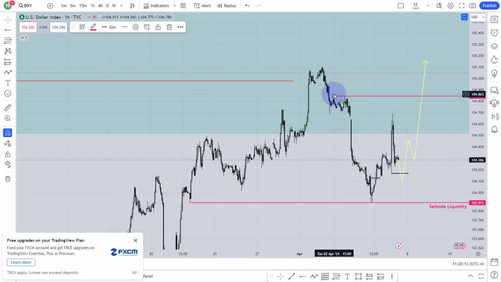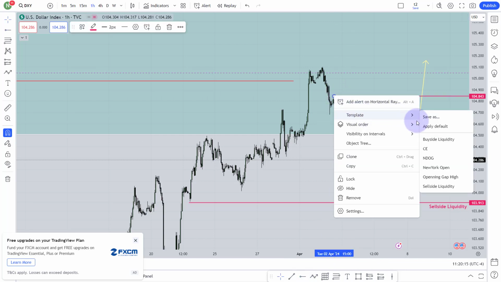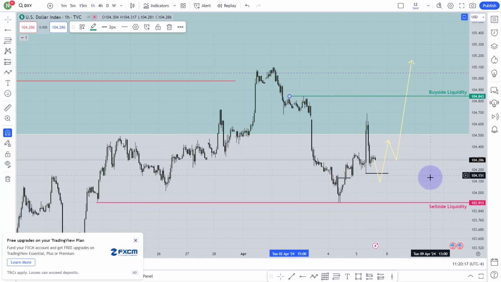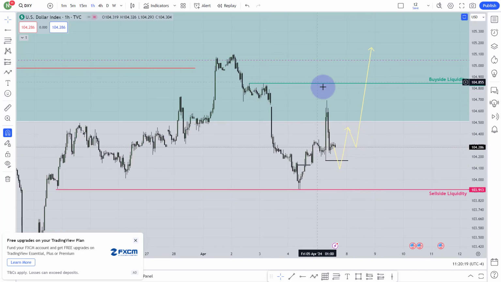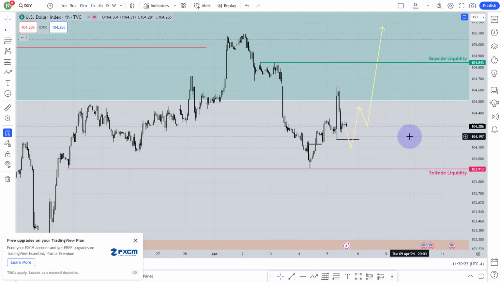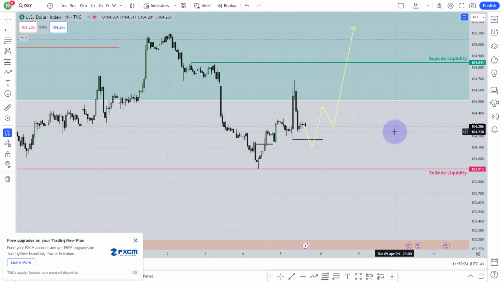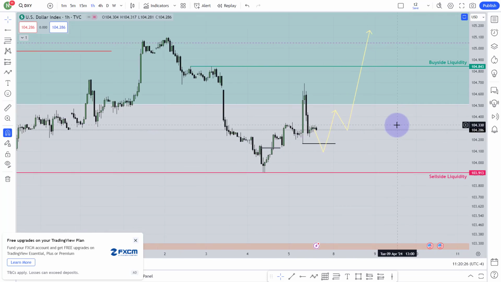You can see this high and that high, they are very clean buy side liquidity. So if it can go toward that buy side liquidity, I will just change my direction from the hourly chart as well. So there are two types of situation right now. Because of the situation we are facing, it's really complicated and market is not precise. So you have to think both ways.